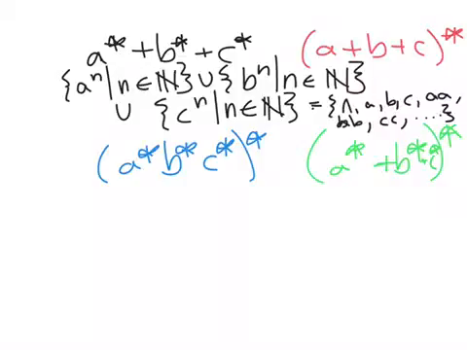Now, this second one, over here, the blue one, we say that every string that's in this language, you can take zero or more things out of here. It looks like we've got an A, a B, and a C squished together, but it's a little bit different than that because we can take zero or more A's, zero or more B's, and zero or more C's and squish them together any way we want.